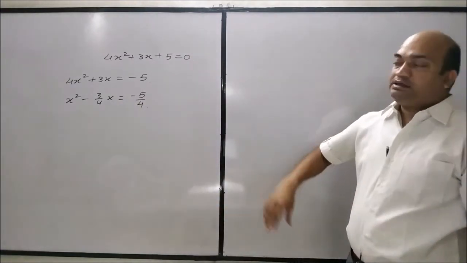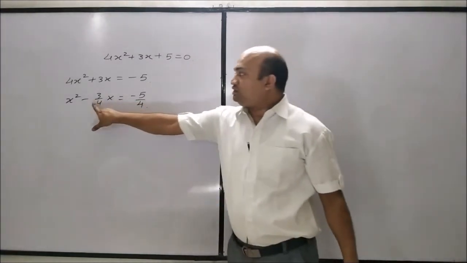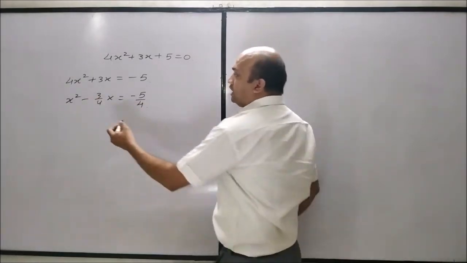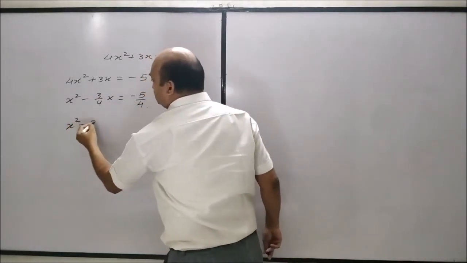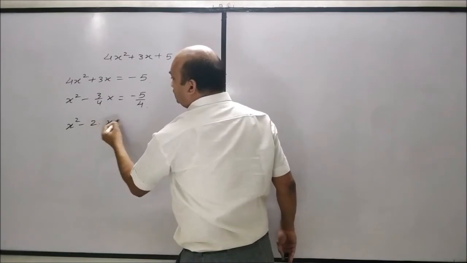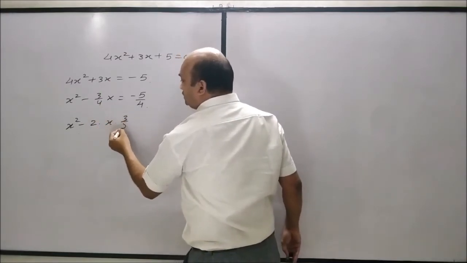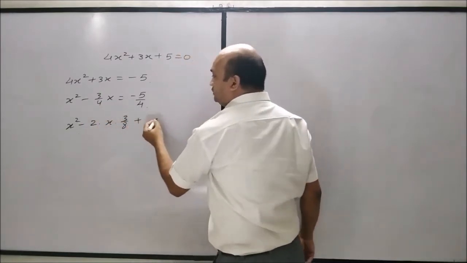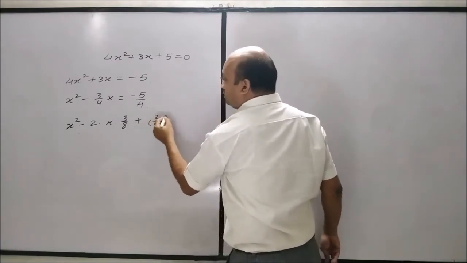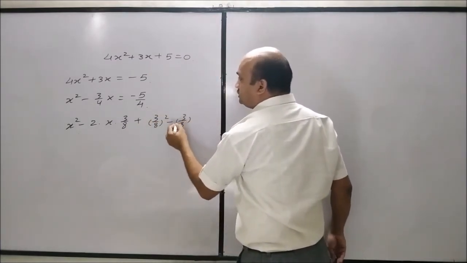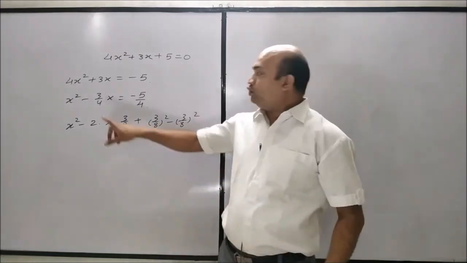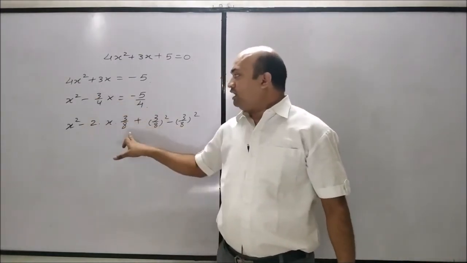Now multiply and divide this term by 2. We can write as x square plus 2 into x into 3/8 plus (3/8) square minus (3/8) square. This 3/4 we multiply and divide by 2.